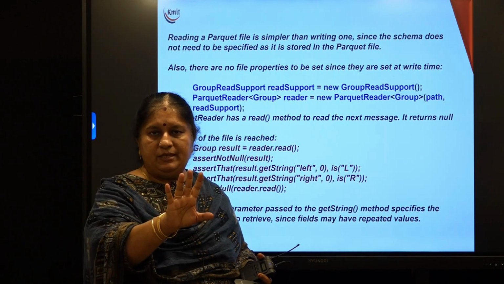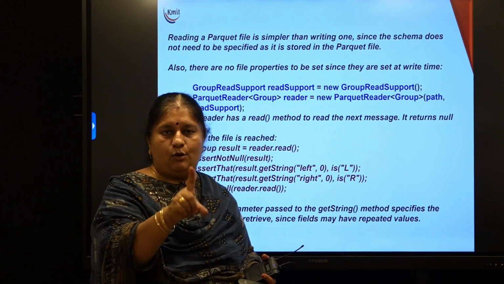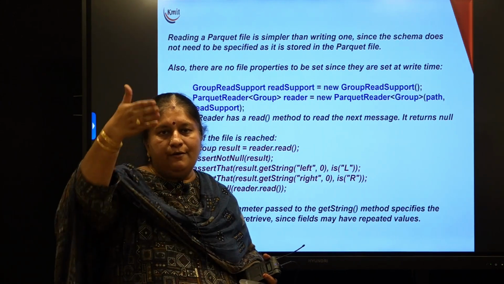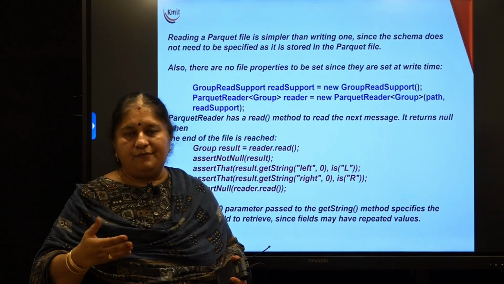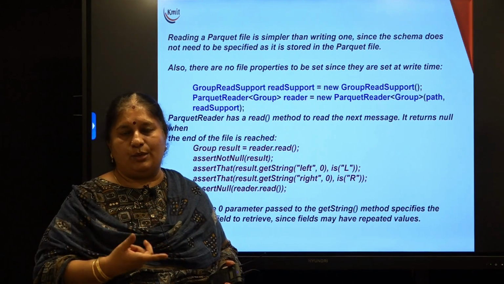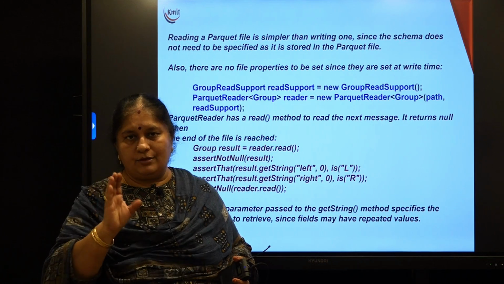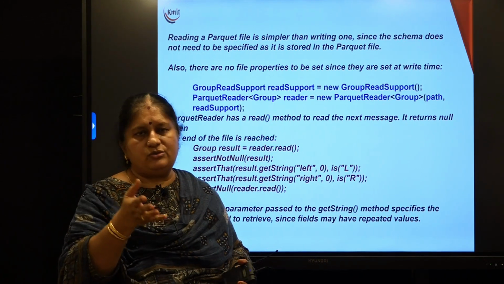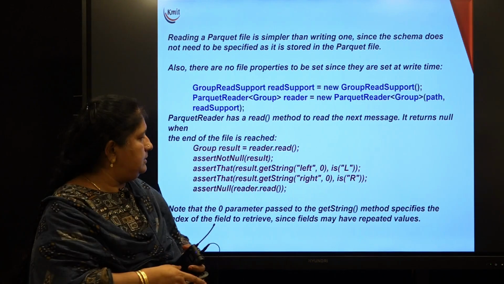Say there are 5 people in family 1. So, family 1 is an object in which I will have 5 first names and 5 last names. In such a case, if the object has multiple occurrences, you always take the first one. So, 0 specifies that if multiple occurrences are there for the first name and last name, or first string and last string, try to take the first occurrence, right?